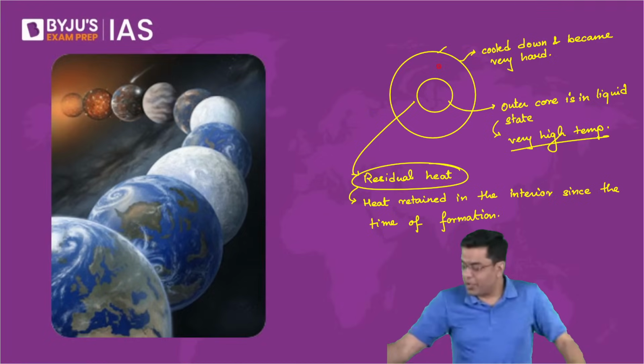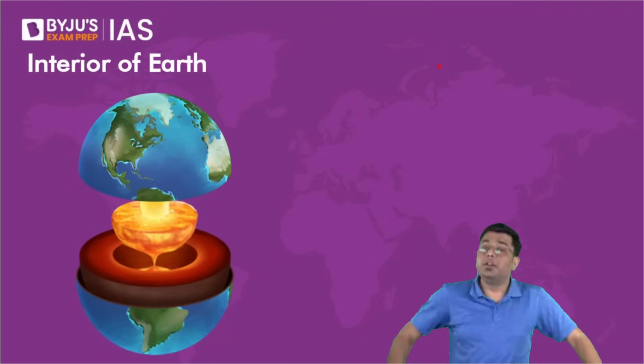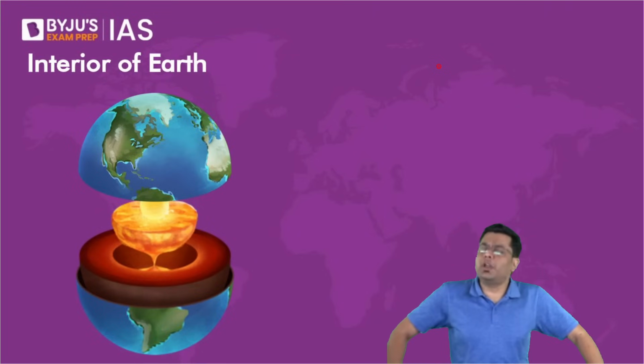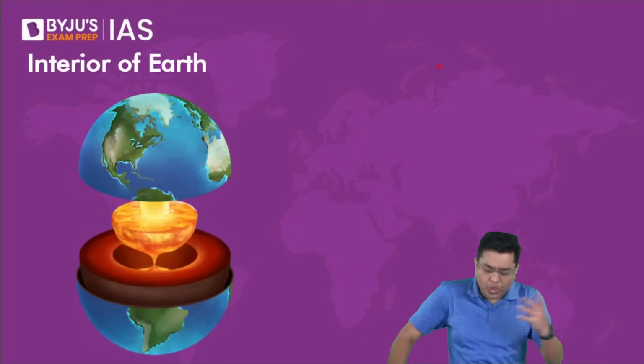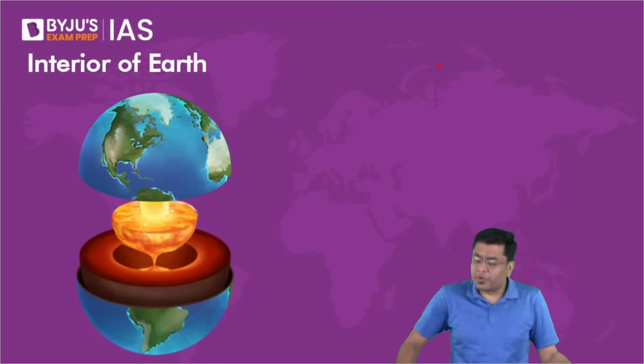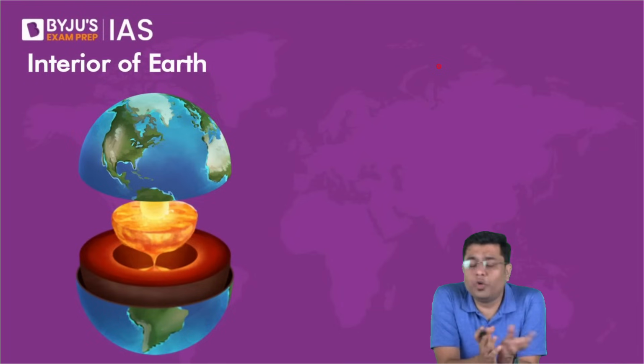Now let us come across the portion of the interior. What is the interior composed of? But before talking about what the interior is composed of, I'm sure many of you would have this question in your mind: how do we know about the interior? Whether the inner core is in solid or liquid state, nobody has gone there. How do we know about it?